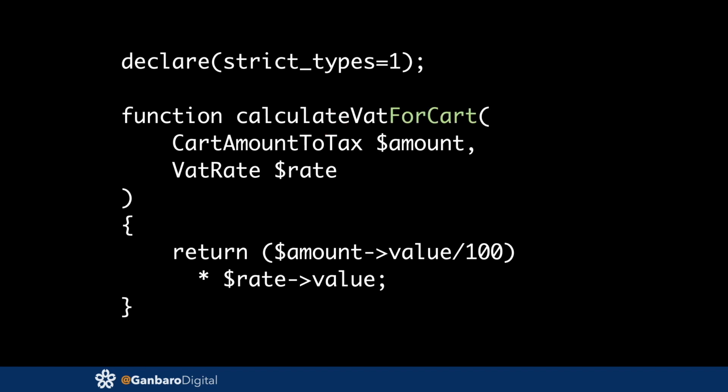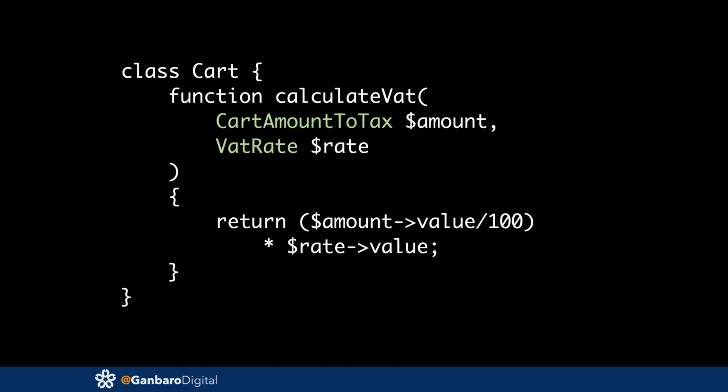One way to solve that, if you're using functions, is to add the context to the function name. An alternative, which is just as valid, is to put this inside a shopping cart class of some kind. And now inside those contexts, things start to make a lot more sense.